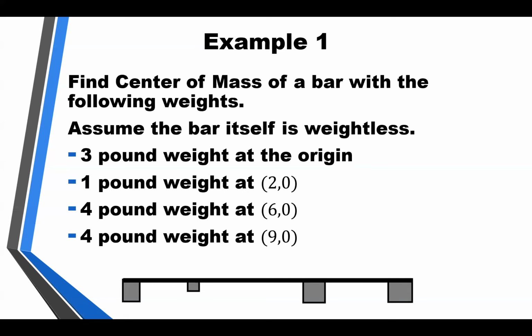A 1-pound weight at the point (2, 0), a 4-pound weight at the point (6, 0), and another 4-pound weight at the point (9, 0). Let's find the moment about the origin and then use that to find the center of mass.